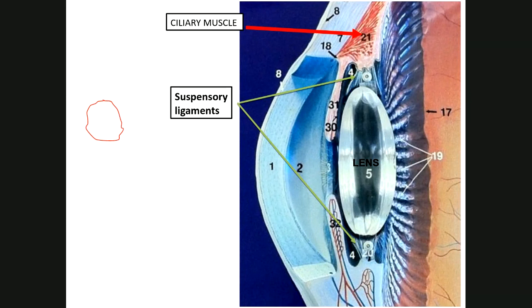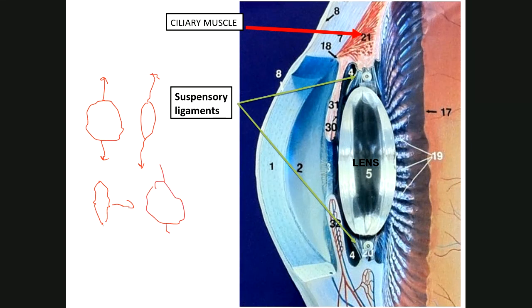But look, if I pull on it this way and pull on it this way, when that muscle relaxes, it's going to be shaped more like this. It's going to be shaped like a pancake because it's been stretched. But if I let this relax, that pancake shape is going to go back to this round shape.